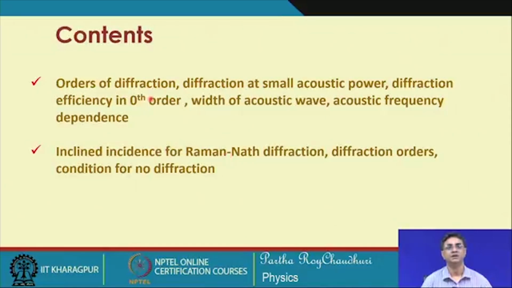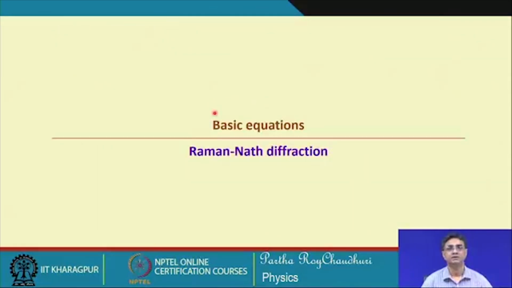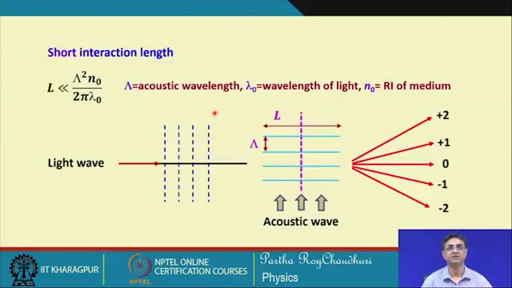Then how do this set of equations modify, and how does this inclination factor go into the diffraction efficiency, the orders of diffraction, their amplitude, and intensity? We would like to study this with an oblique incidence for this acousto-optic cell.